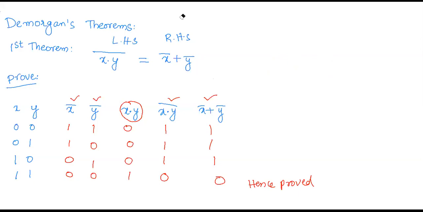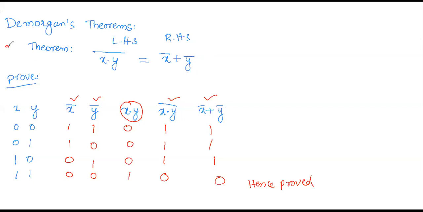Next, the second theorem. The first theorem indicates the complement of the product of variables. The second theorem indicates the complement of the sum of the variables.